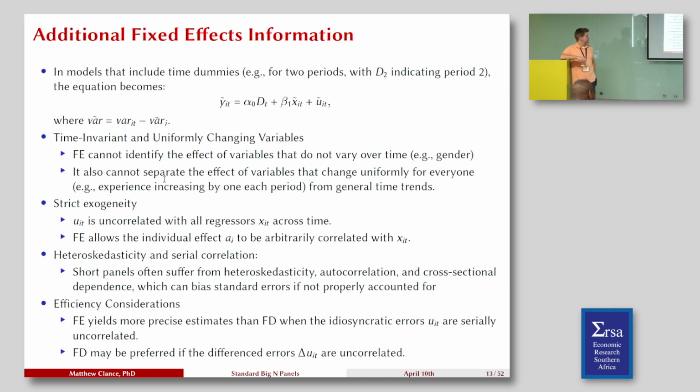But if it's something like experience, here I kind of give an idea that experience increasing by 1 for each period is bad. But what if it's actually sporadic? You know, some people are working, sometimes they're not. So then everybody isn't changing by 1. Then I might be able to pick out some information.